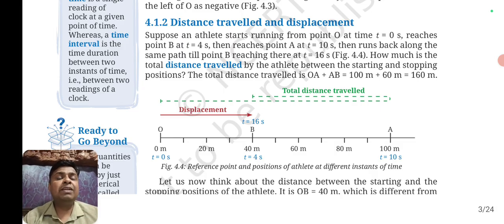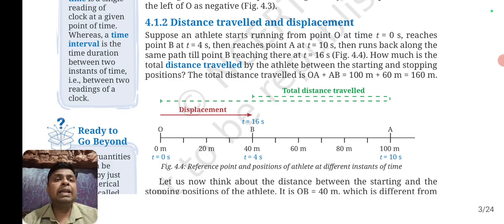Now distance traveled and displacement. Distance and displacement are two different concepts. Try to understand. Suppose an athlete starts running from point O, time is 0, reaches point B after 4 seconds, and then reaches point A at 10 seconds, then runs backward reaching point B. How much total distance has he covered?